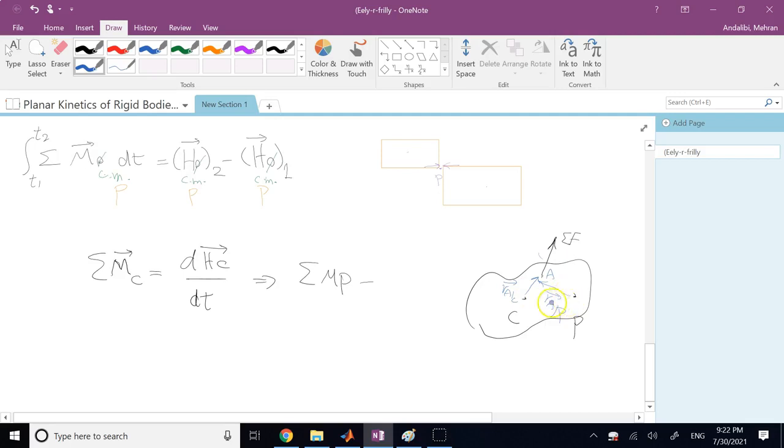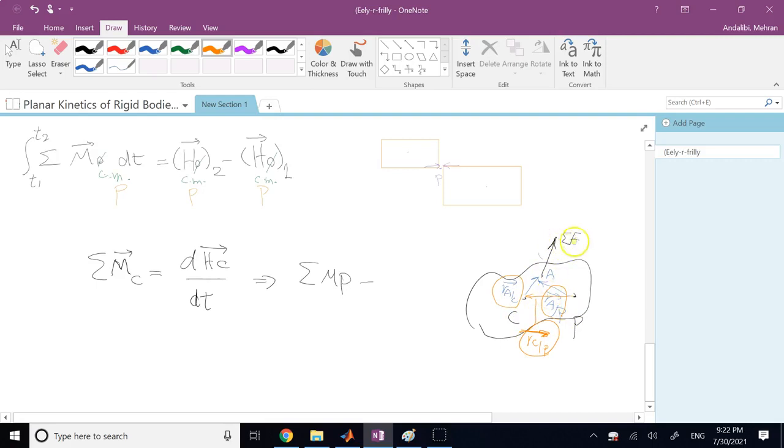And clearly, I can write this R of A with respect to P as R of, this R, which is R of C with respect to P. If I add this R of C with respect to P, this vector in orange, to R of A with respect to C, that gives me R of A with respect to P. So instead of this vector, I can write it as this one minus that.